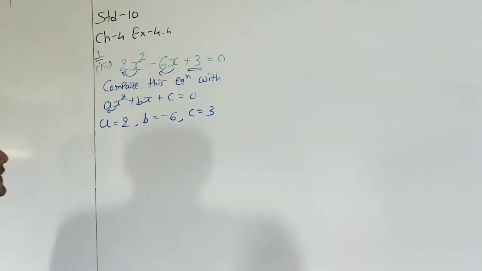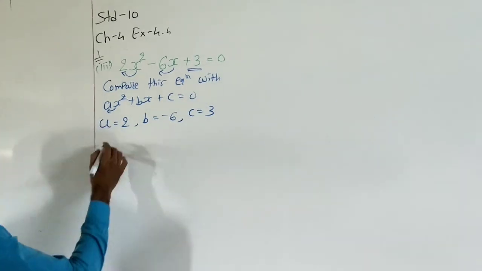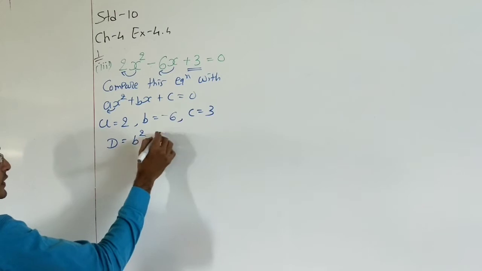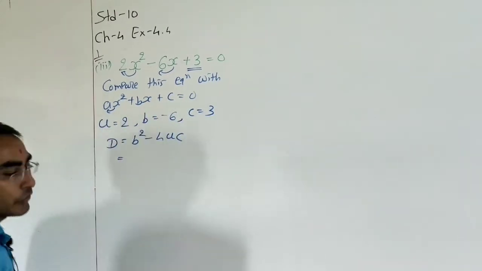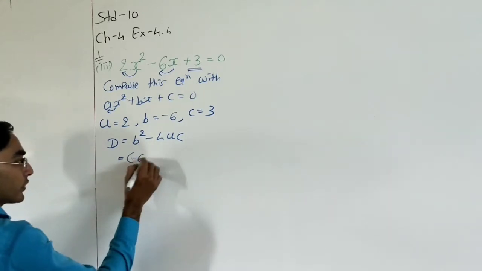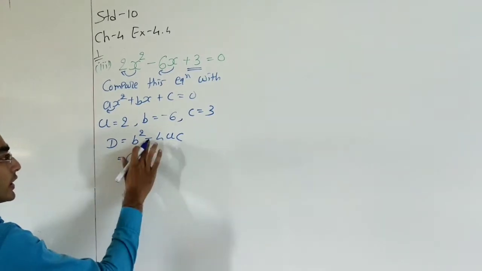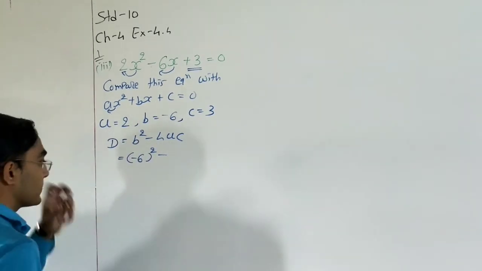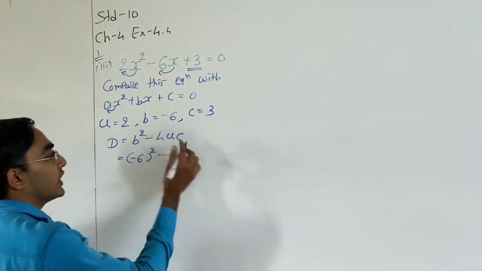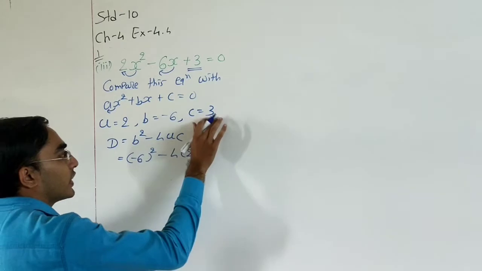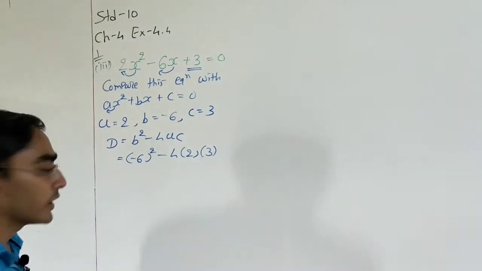Now what we need to do? Just put in the formula of discriminant d: b square minus 4ac. So b is minus 6, so minus 6 all square. Then this negative sign, then 4 multiply a, a is 2 and c is 3. So 4 multiply 2 multiply 3.